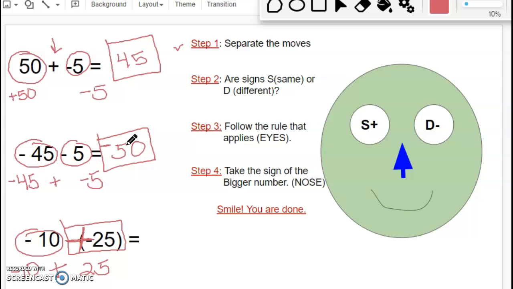They are different. So I'm going to look at the eyes in step 3. Different, so I'm going to subtract. And then the arrow tells me to take the sign of the bigger number. 25 is bigger. It's positive, so my answer stays positive. I hope this helps. Please practice drawing the face so that you can remember how to use it.